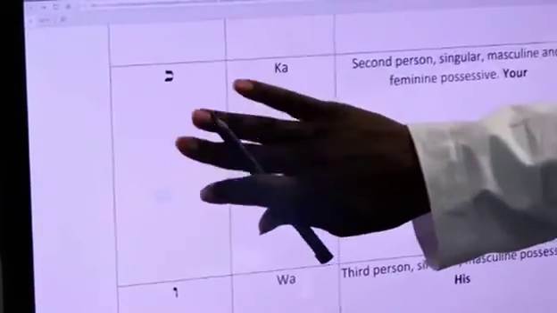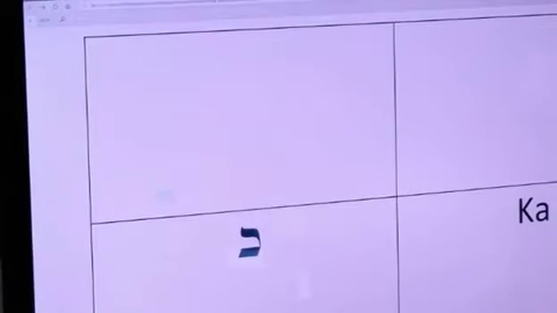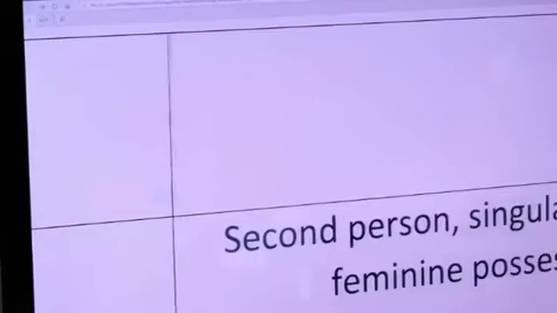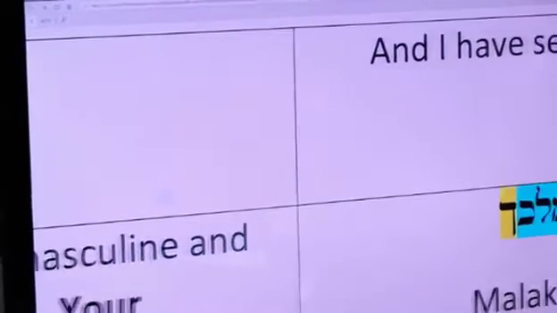Now here we have an example where we have the letter ka in its regular form, the form that's found at the beginning or middle of a Hebrew word. That's just to show you that this is the suffix. But as you can see in our example, we made sure that we use the ending form.